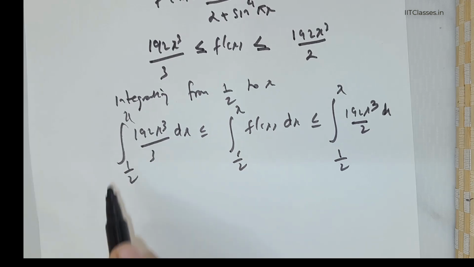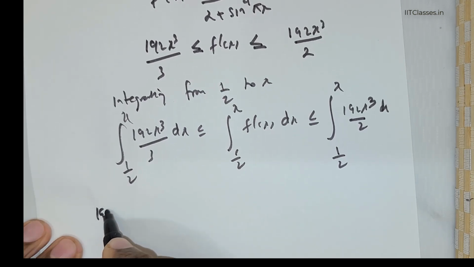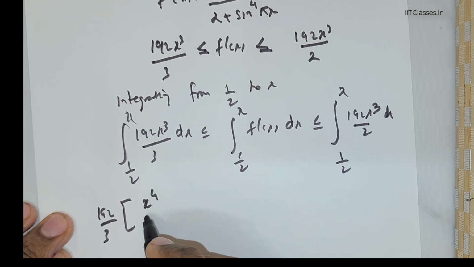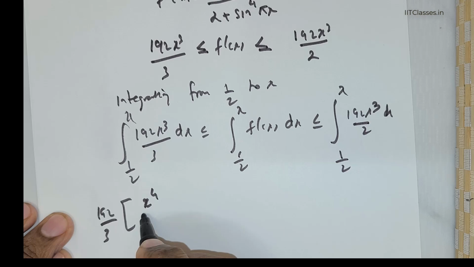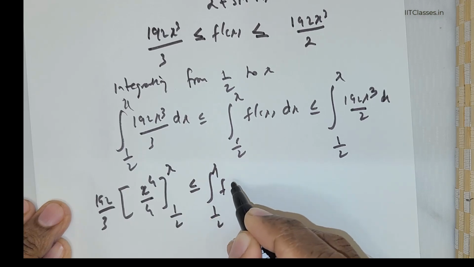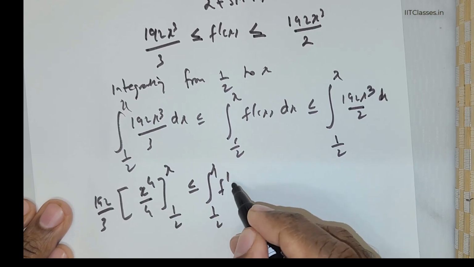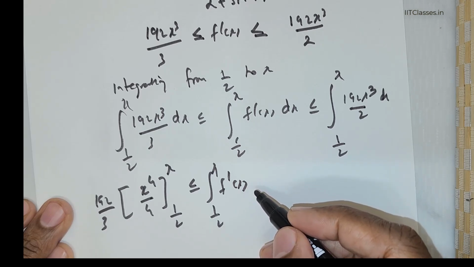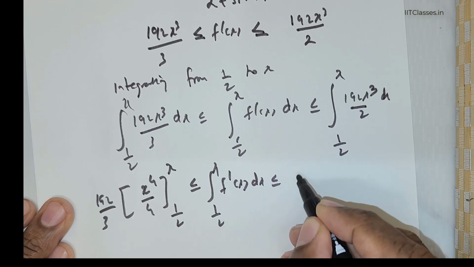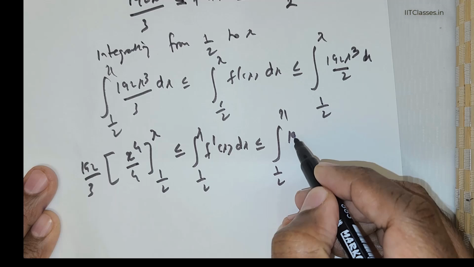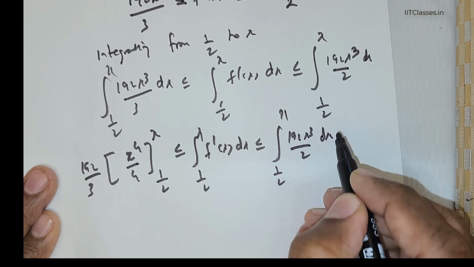Okay, let us integrate this quantity. So this is 192 over 3. If I were to integrate this, it's going to be x raised to the power of 4 divided by 4. The limits are 1 over 2 to x, less than or equal to the integral from 1 over 2 to x of f dash of x dx, less than or equal to the integral from 1 over 2 to x of 192 x to the power of 3 over 2 times dx.